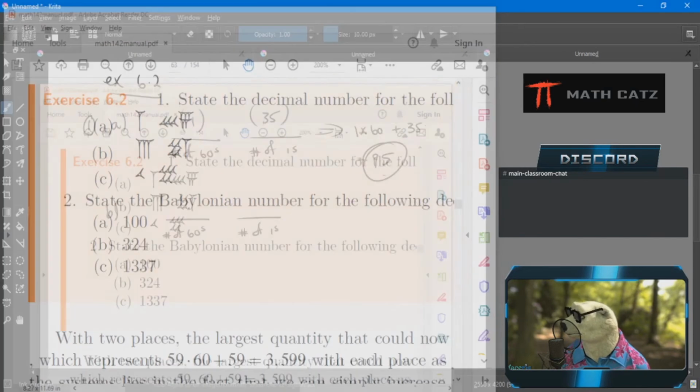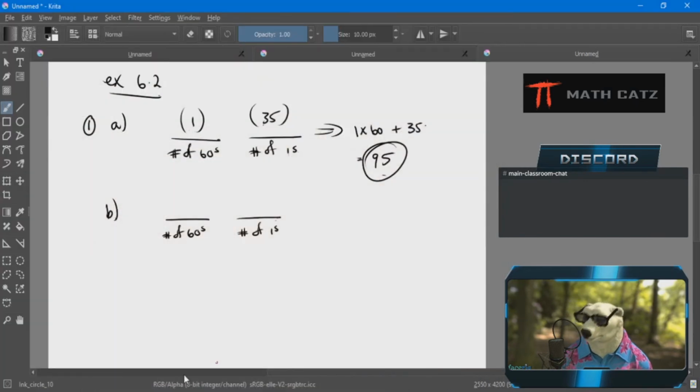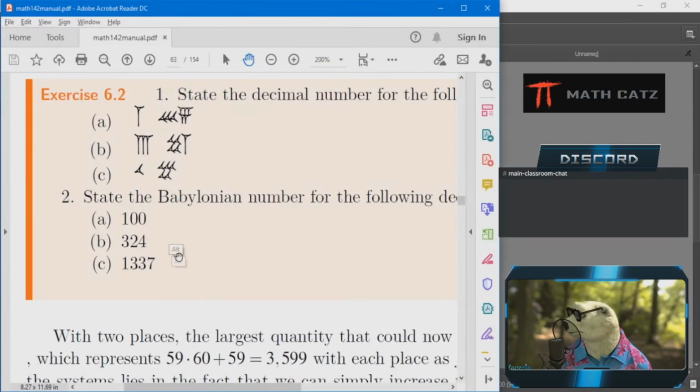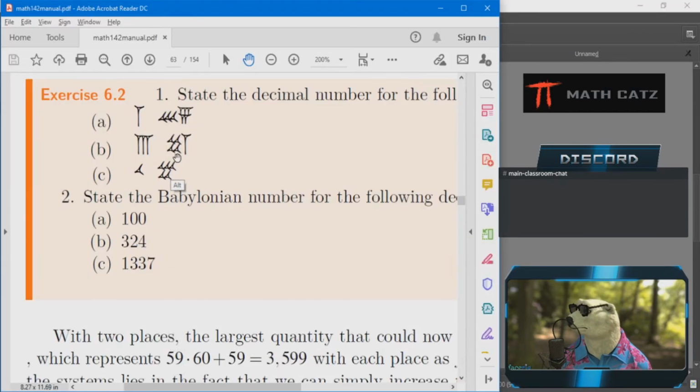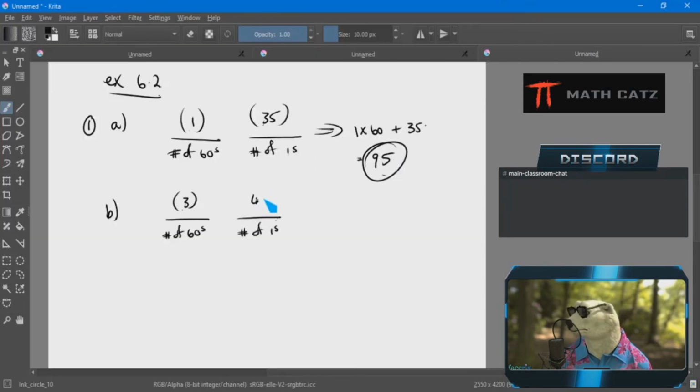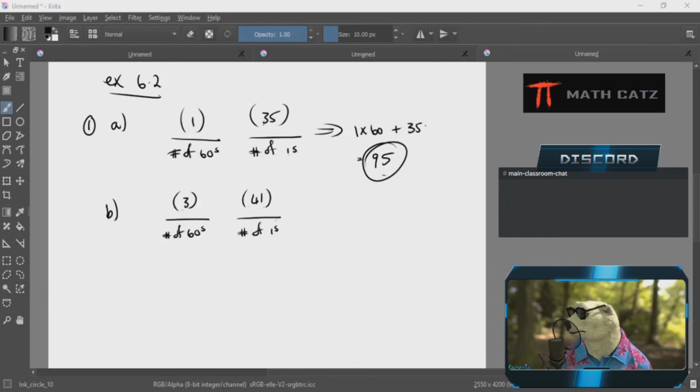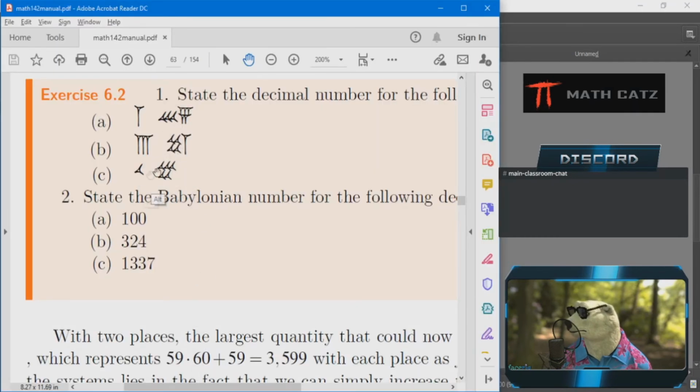2 places, so I'm counting 60s and then 1s from left to right. Let's see how many groups of 60 there are. There are 3. And then for the 1s position, the 1s place, there are 41. And of course, you have to get to a point where you can very quickly recognize there are only 2 symbols. This is really not that difficult.